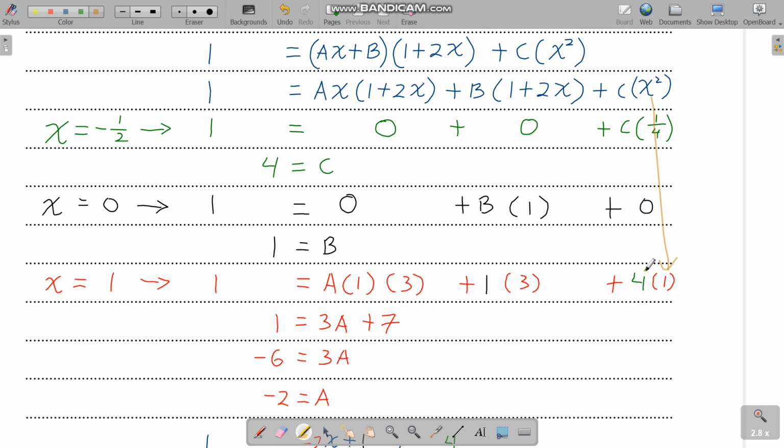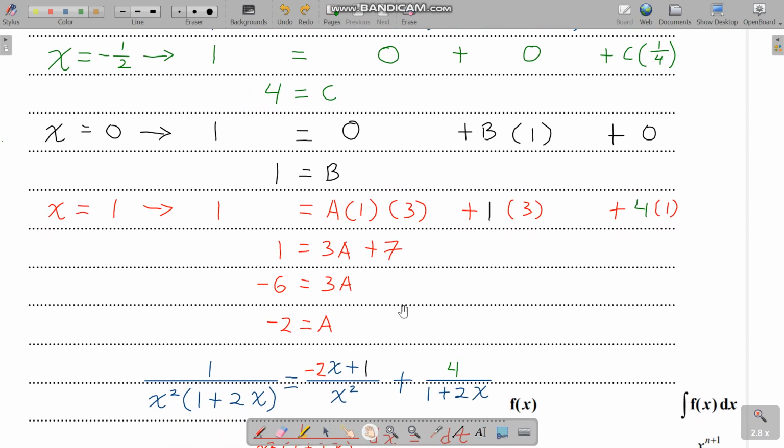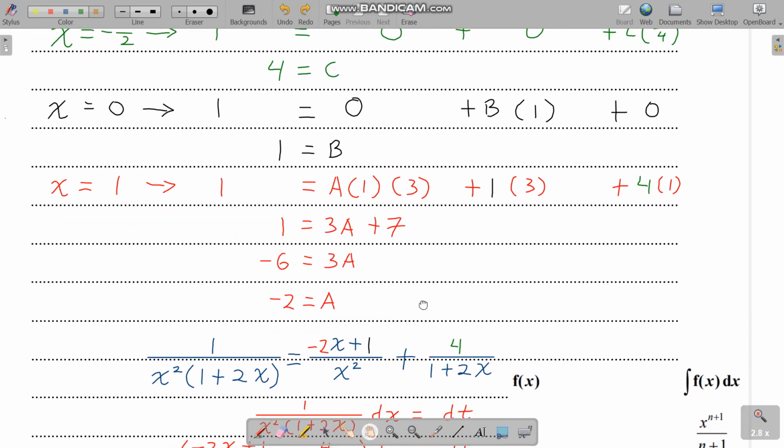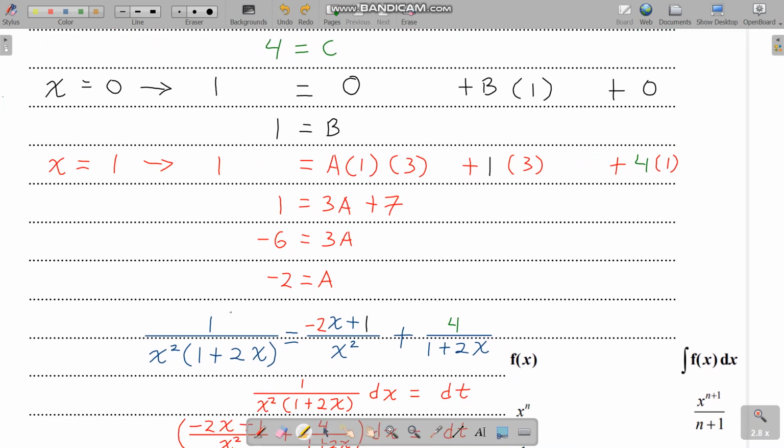The c is 4, so we can find the a. So this is 3a, this is 3 plus 4, which is 7. Subtract 7 from both sides, divide by 3, we get a. Okay, so now we can express this fraction into these two partial fractions.